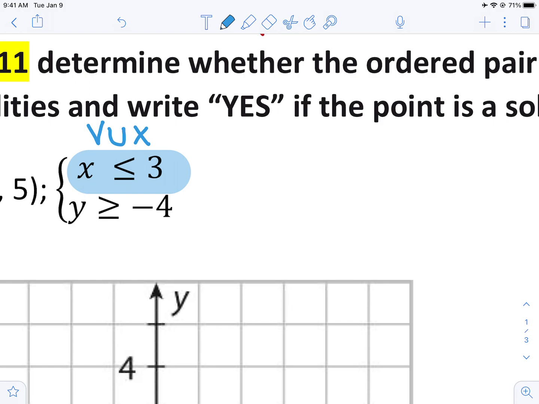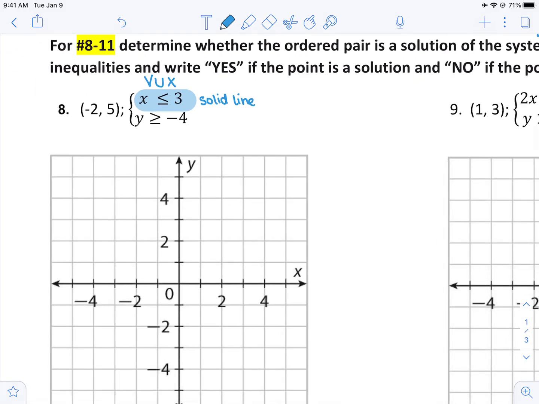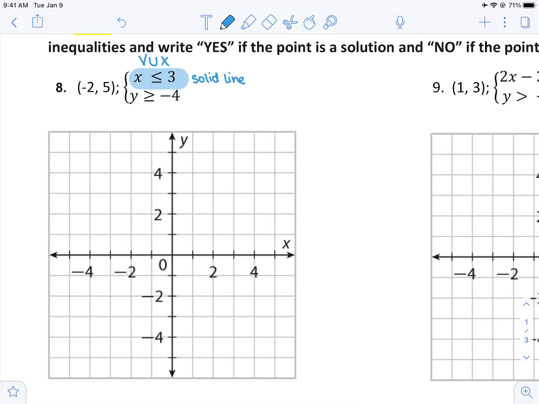Because of my inequality sign, it is a solid line. Okay, so it's going to go through 3, and it's going to be a vertical line. So vertical is up and down, and it's a solid line. So it's going to look like that. Now, when it comes to determining how to shade, we want the x values that are less than or equal to 3.